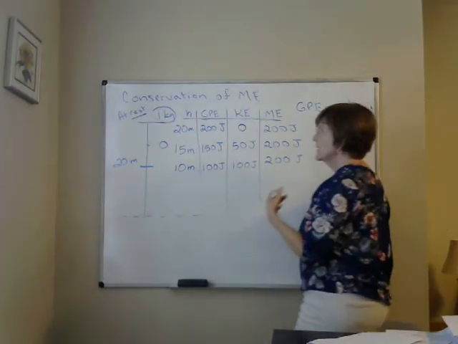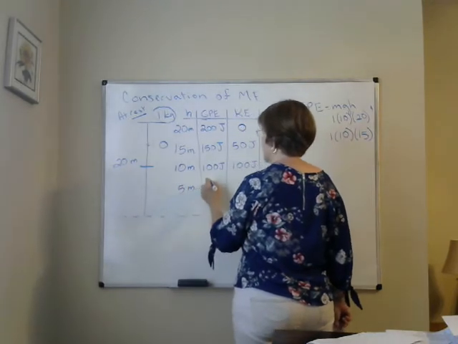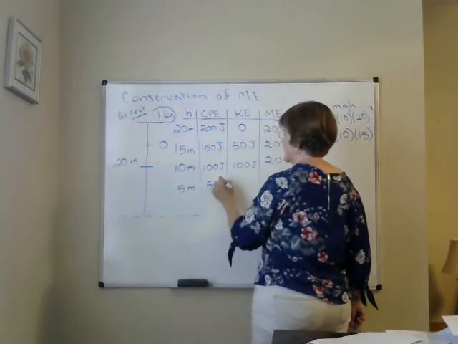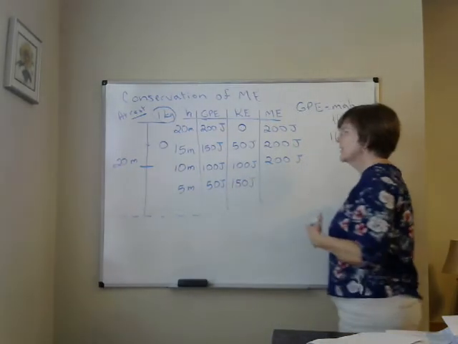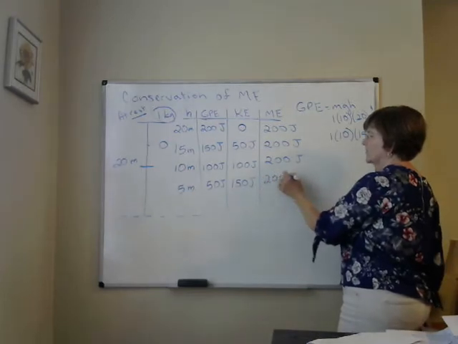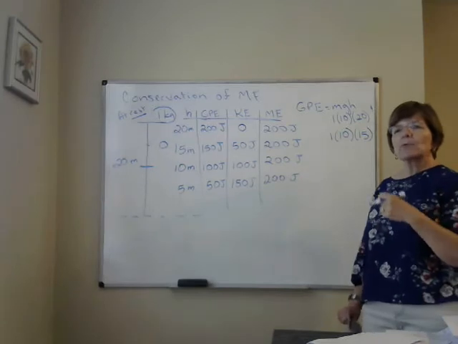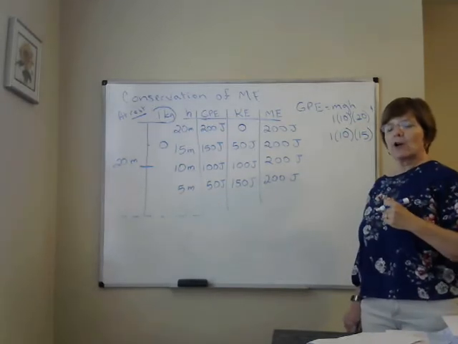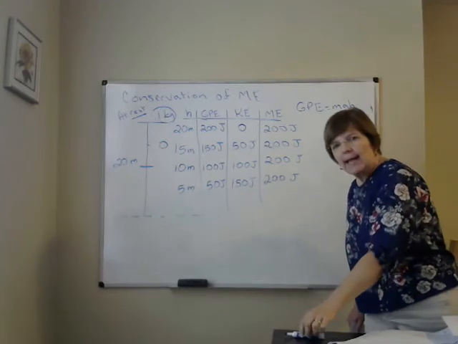If we fall another 5 meters, this is only going to be 50 joules. By this point, it's going very quickly, and we have 150 joules of kinetic for a total of 200 joules. And finally, let's talk about what happened right before it stops. If this is the ground and this is dropping, I don't mean after it stops.